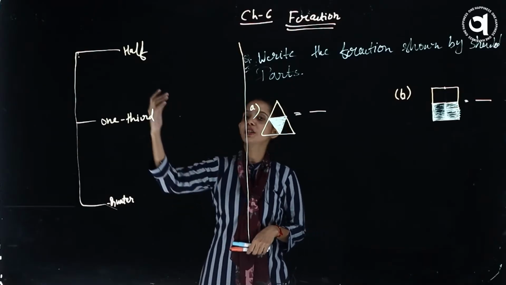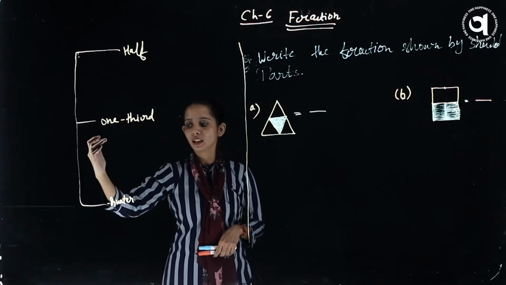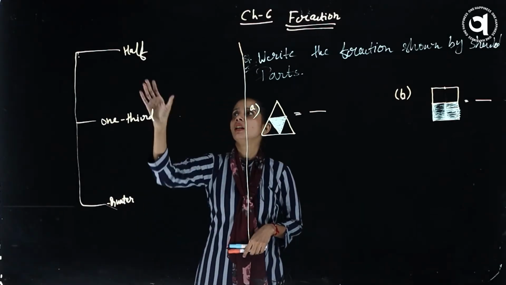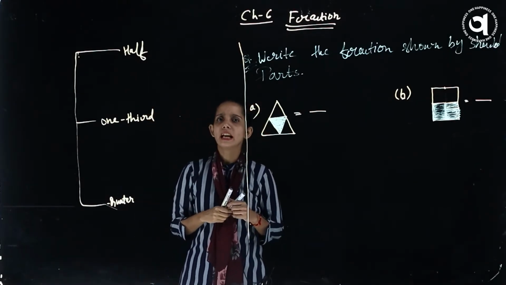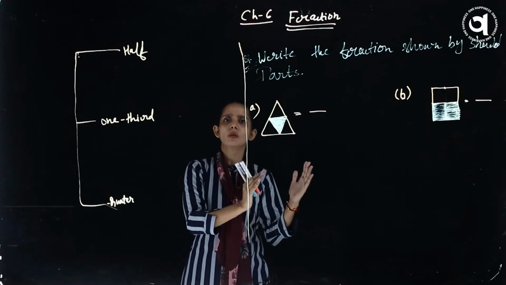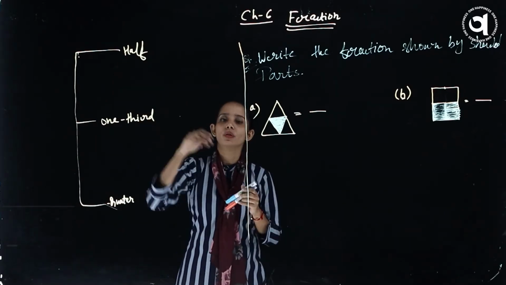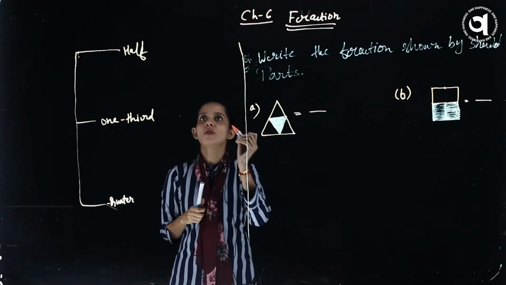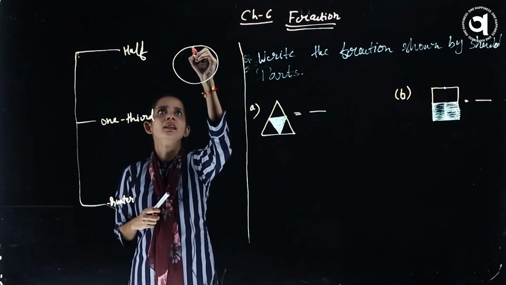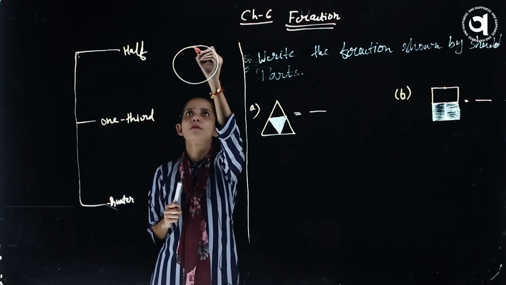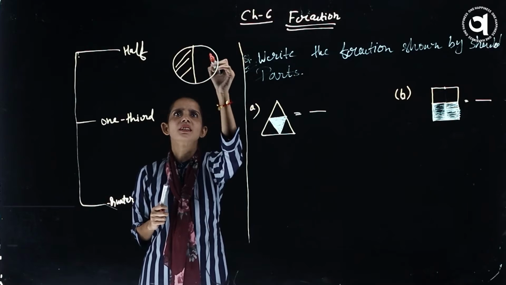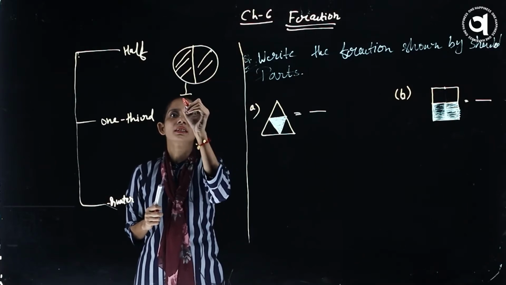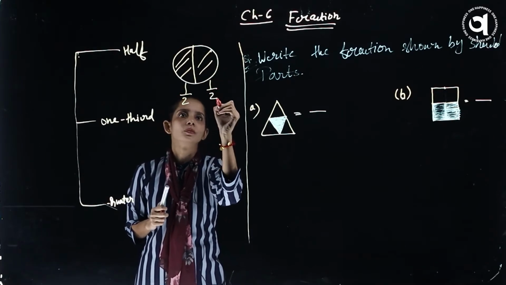Let us know what is known as half, 1/3 and quarter. What is the meaning of half? When we divide any object into two equal parts, then it is known as half. Suppose there is one circle and I divide this circle from the center, then each part of the circle is known as 1/2.